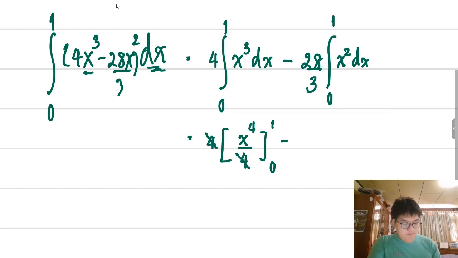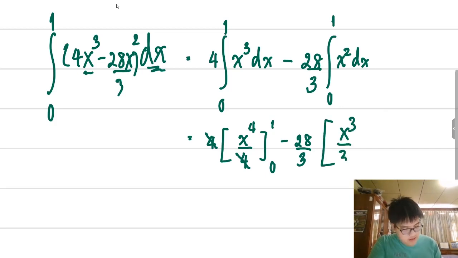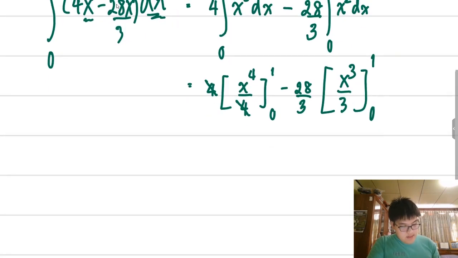And then negative 8 over 3, and inside we will get x cubed over 3, with bounds 1 and 0. Then you can see this one will give 1, because we take x equal to 1, and 1 to the power 4 gives 1, minus 0 to the power 4 gives only 0, so we get only 1.